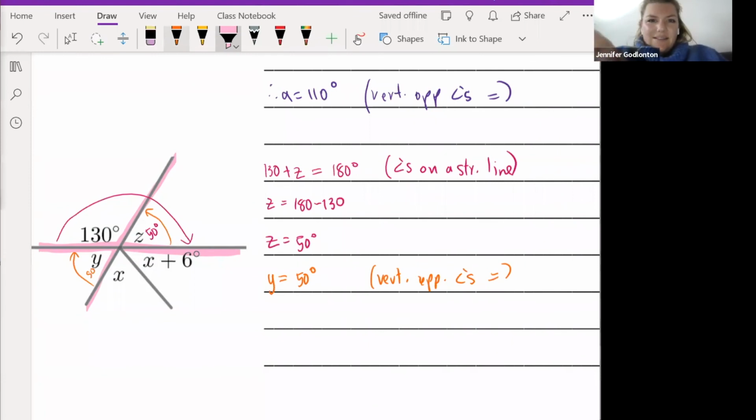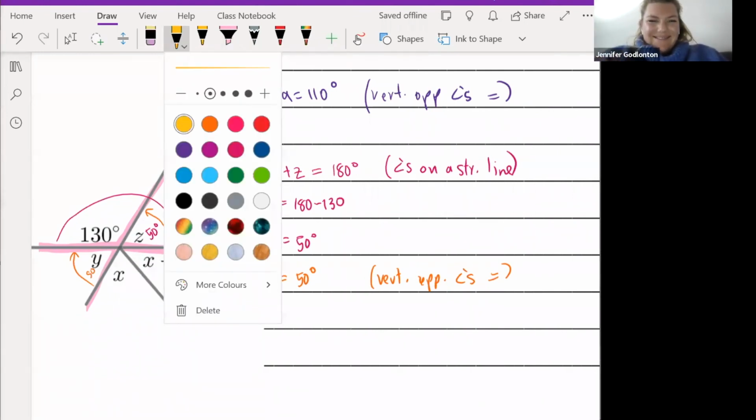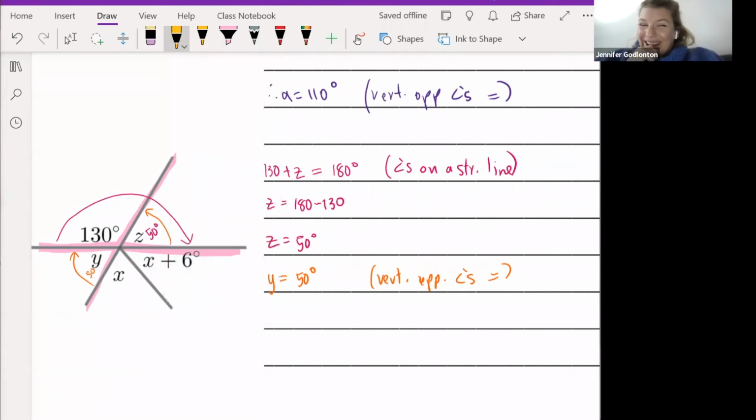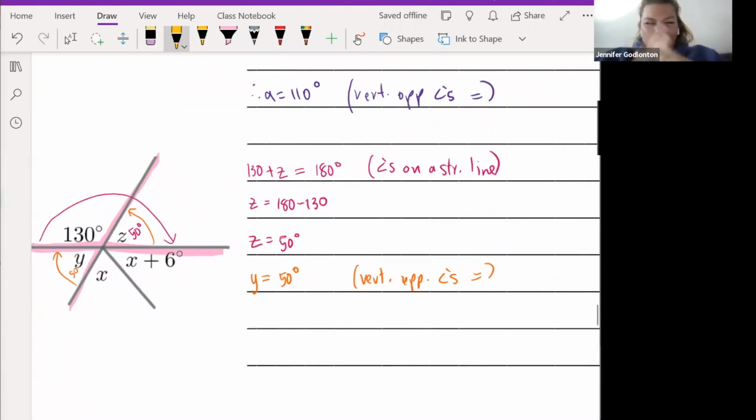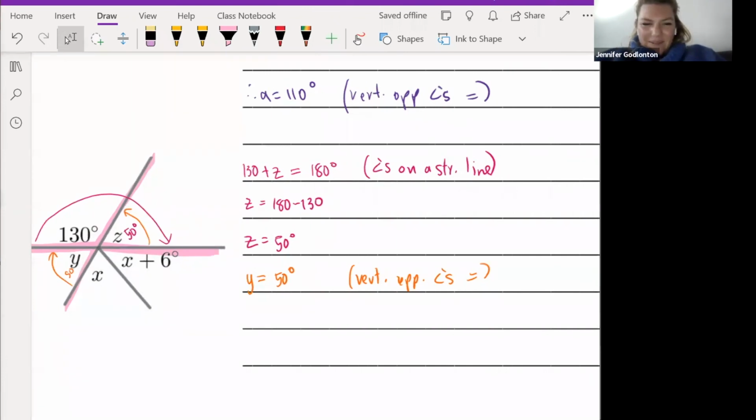Tracy. Yes, ma'am. Are you ready? Ma'am, so 50 plus x plus 6 equals 180 because of angles on a straight line. Absolutely. Good.